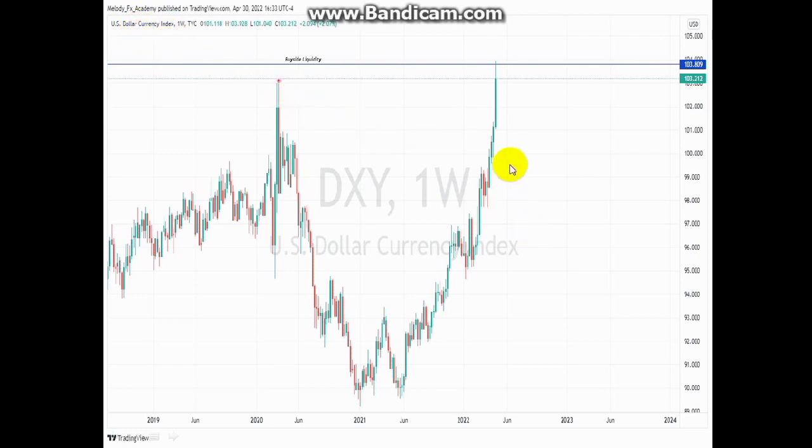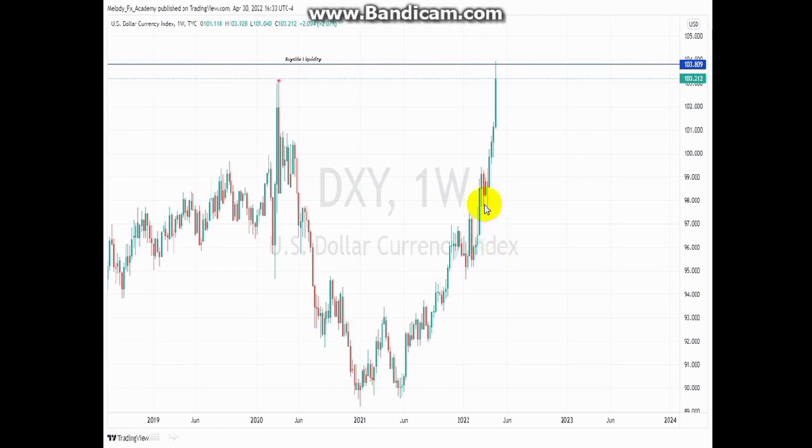In other words, having a bullish DXY is going to give us a bearish Euro USD, a bearish Australian USD, a bearish Great British Pound USD. So the movement is going to be opposite. So that is one way to determine your daily bias.